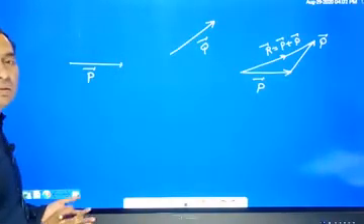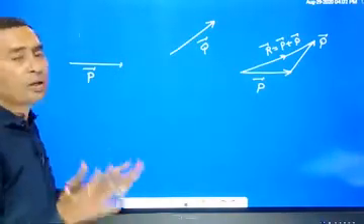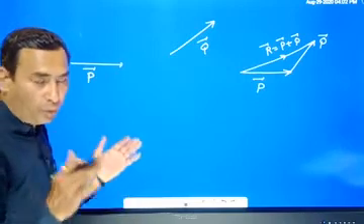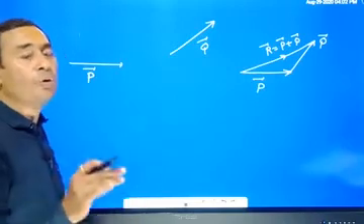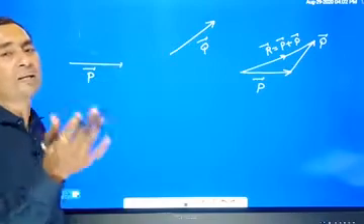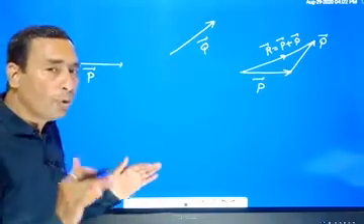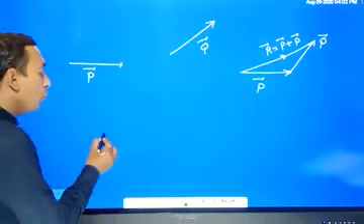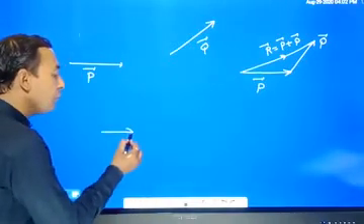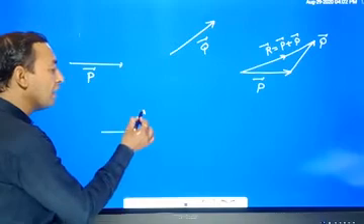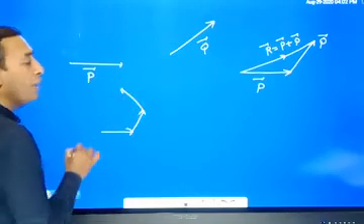Next is polygon law. In polygon law, if we have more than two vectors, 3 vectors, 4 vectors, 5 vectors to add, then we use polygon law. In polygon law, we represent different vectors by the different sides of any polygon.